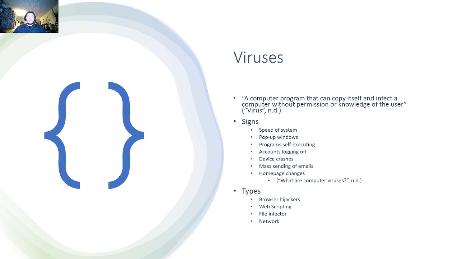You've got file infectors, so they just inject malicious things into files. So when somebody clicks on it, it can spread to other devices within the network. And then, of course, network viruses: any file that's already infected will spread throughout the whole company. That's why it's important to isolate these, but we'll talk about that a little bit later.